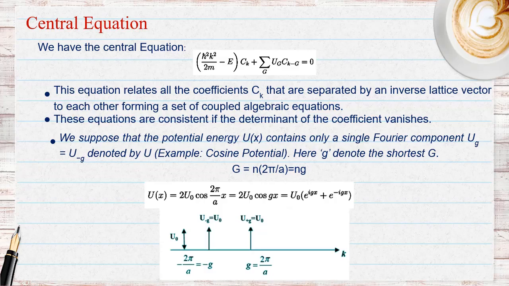So we can represent it as n into 2π/a. The primitive inverse lattice vector small g is 2π/a.